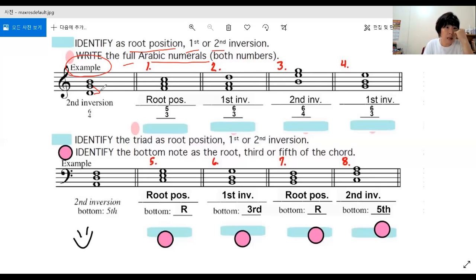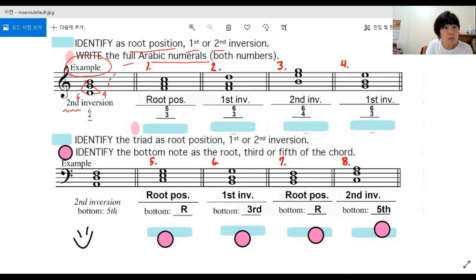So this is not a third, this is a 4, and from the bottom to the top, this is a 6, right? So 4, 6, that means what? Second inversion, right? Then where is the root? Where is the tonic? Since this is the second inversion, when you do one more inversion, it's going to be the root position.